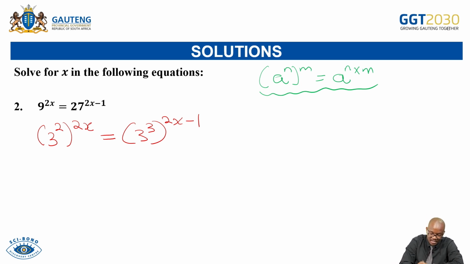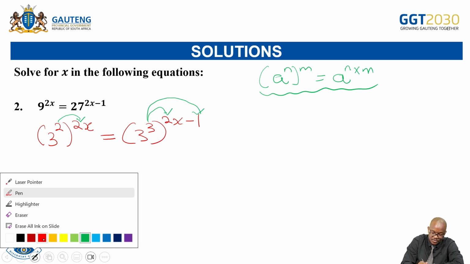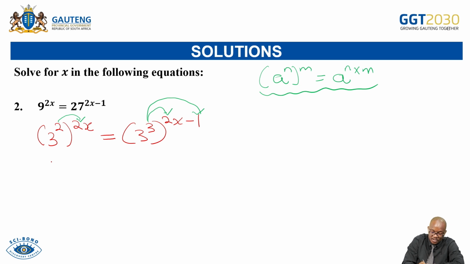Then what will happen here is that we're going to multiply 2 by 2x, and then you multiply 3 by 2x and 3 by negative 1. That's what you are going to multiply. So as we move forward, we're going to have 3 to the exponent of 4x is equal to 3 to the exponent of 6x minus 3.